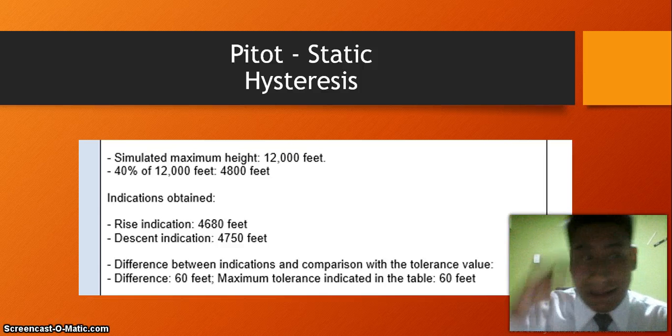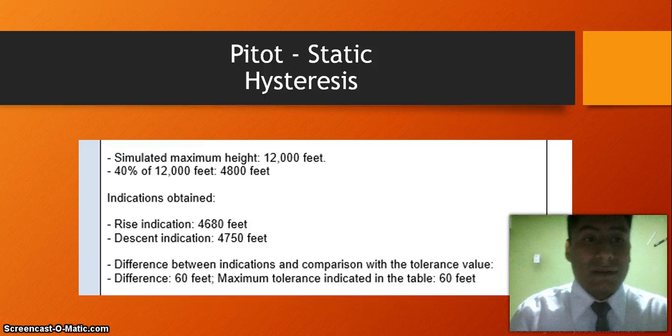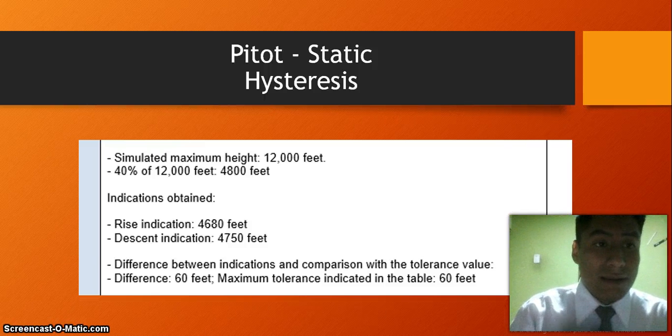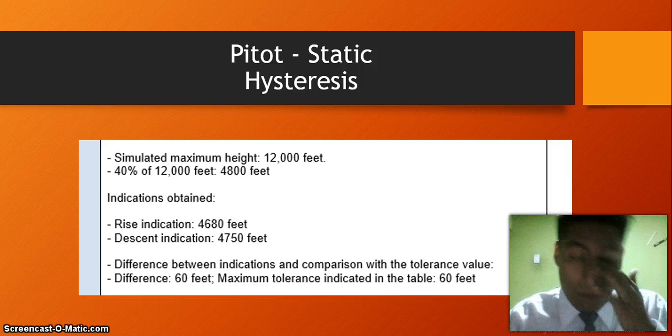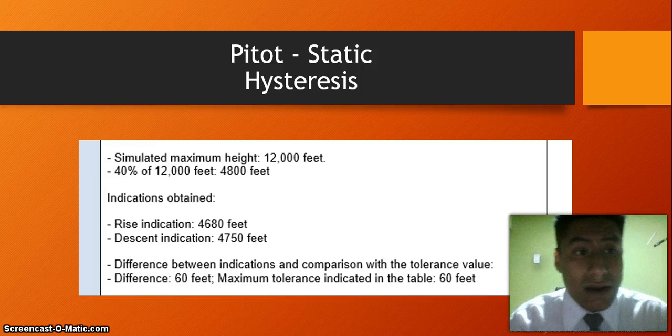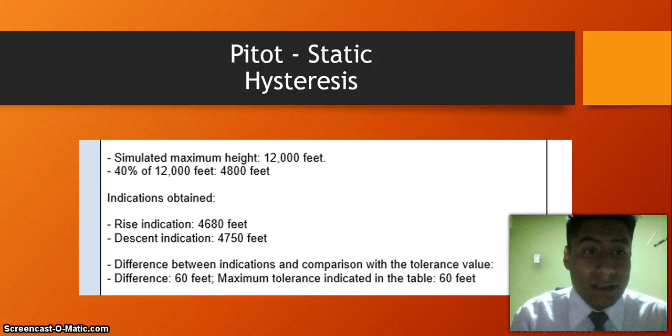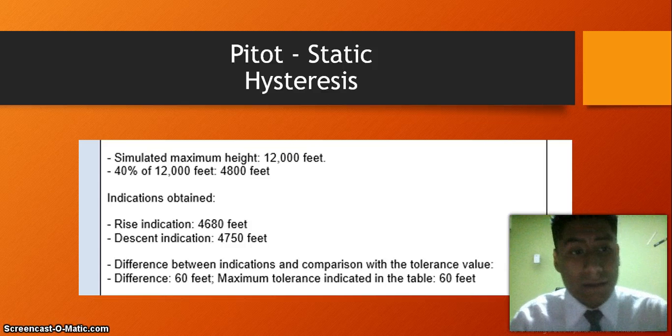In order to develop the current laboratory practice more quickly, the measurement was started at 40%. After this procedure, it is important to compare the measurements made both in the rise and fall, specifying that the difference between these indications must not exceed the tolerance value indicated in the respective table.